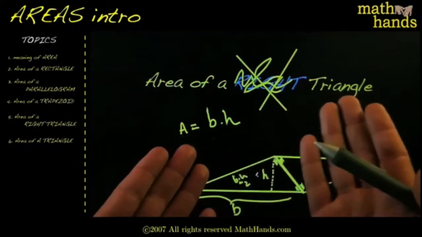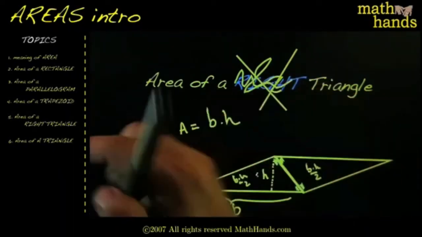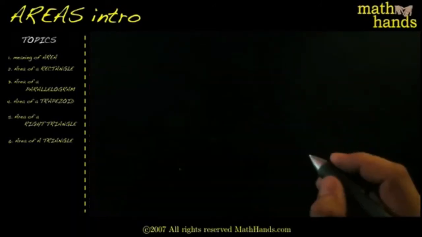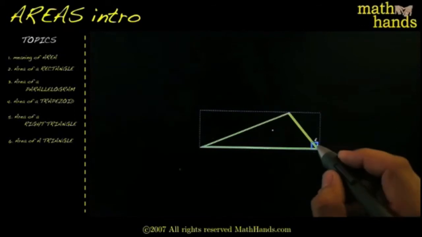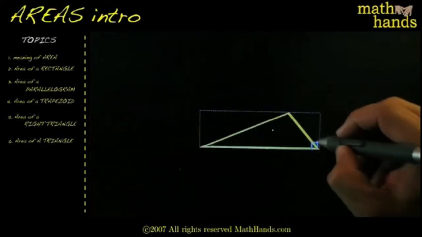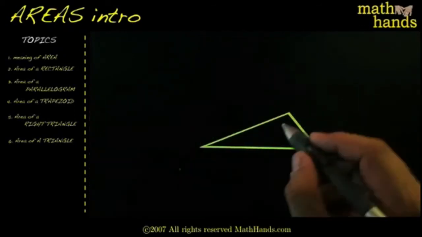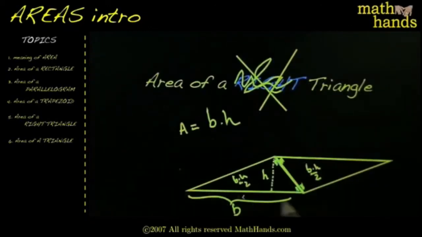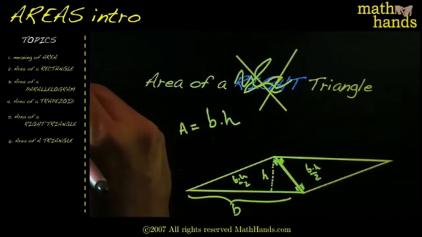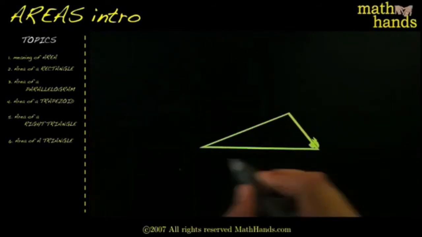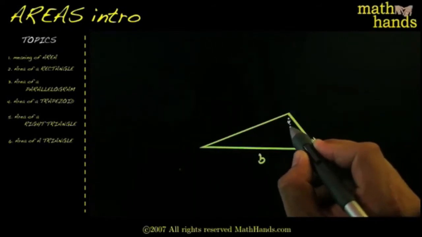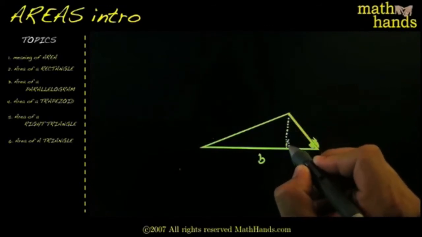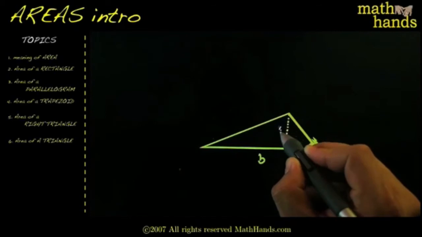In other words, for a triangle, even if it's not a right triangle, suppose you'd have to abandon this right triangle stuff, still the same thing is true. All we do is find out the base and the height. So whatever the base may be, let's call it B. And you find out the height, which means you take the highest point of the triangle and drop a perpendicular, and that right there would be your height.